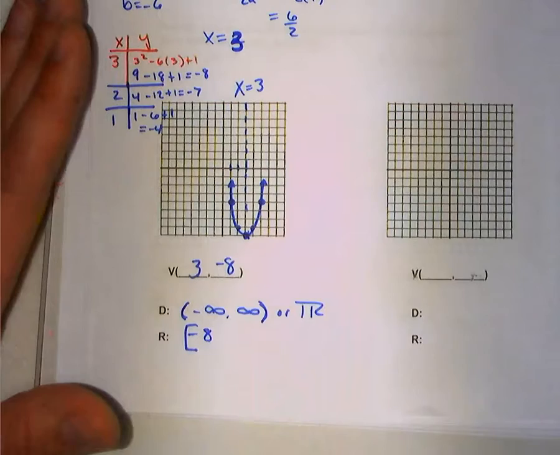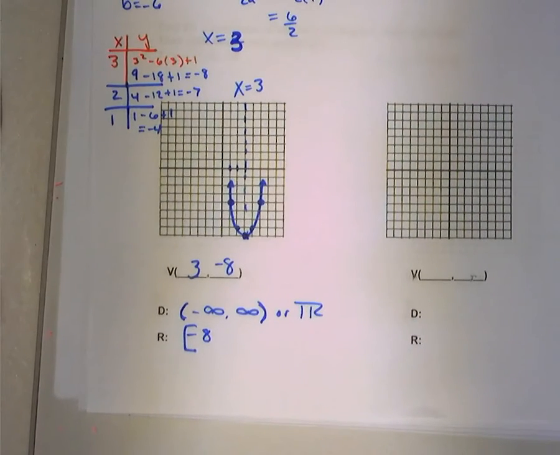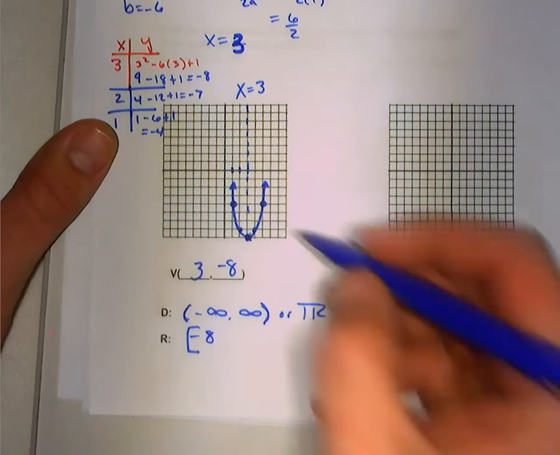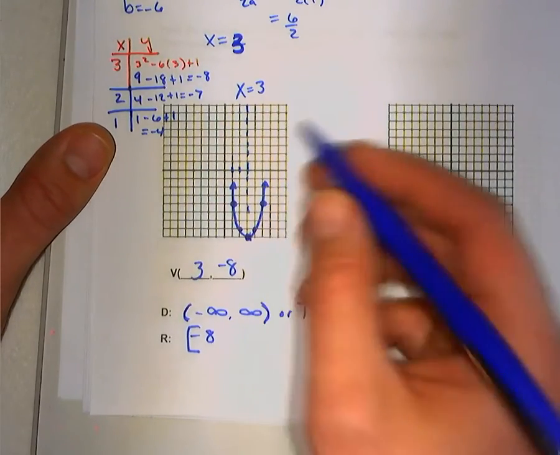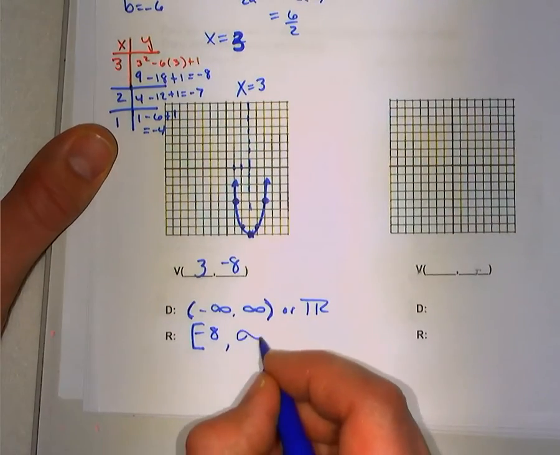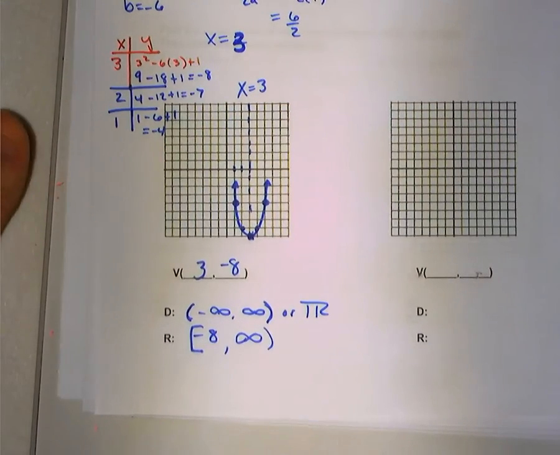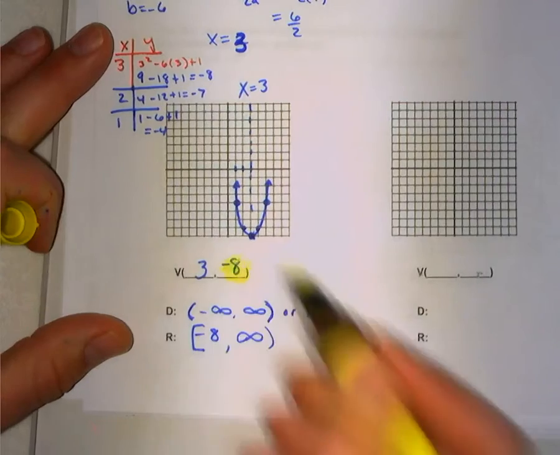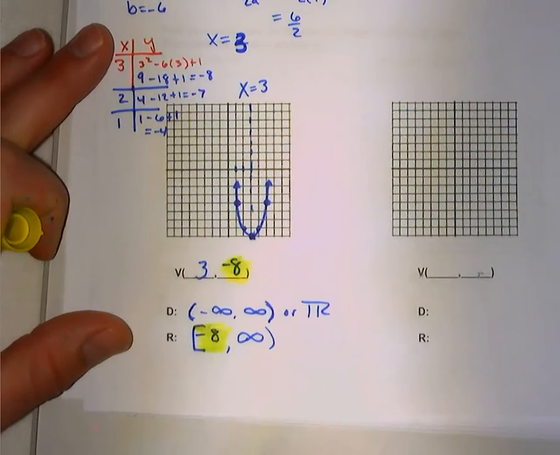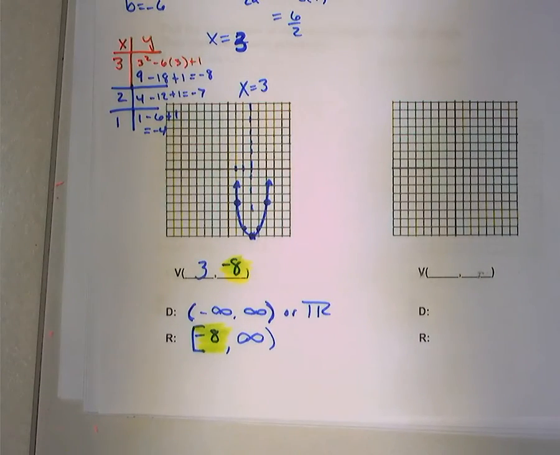It's inclusive, so we got to make sure that's a bracket. And then we ask ourselves, how high does it go? Does it go up high all the way to the sky? Yep, it sure does. It goes all the way up to infinity. Again, a reminder, your vertex, that y value, that's going to be part of your range.